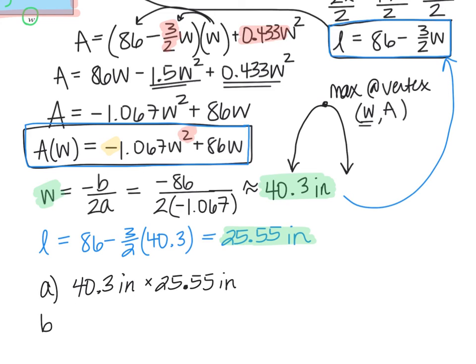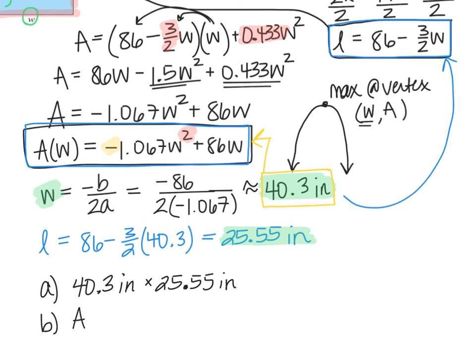So now moving on to part B asks for the maximum area of the entire window. So this is where we actually want to find area this time. So we can take that width, W, which is equal to 40.3, and substitute it into our area model, and that output will give us our area.